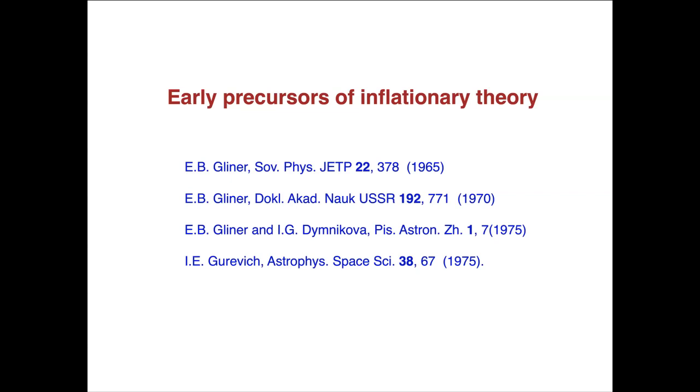Why, for example, is our universe so uniform? Well, because we are stretching all inhomogeneities pre-existing in it, and this exponential expansion does the job of stretching, so our universe becomes uniform, homogeneous. Why does our universe not rotate?